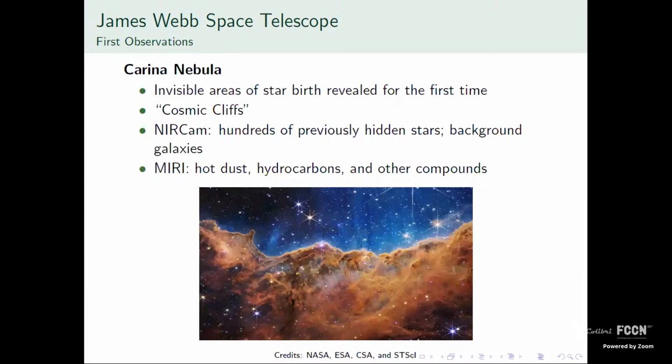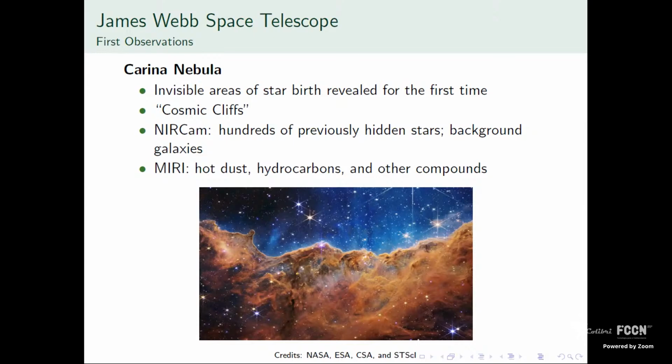So another image was the Carina Nebula. So this nebula is giant clouds of gas and dust where star formation is occurring. And so what is happening here is what is called the cosmic cliffs, and it is ultraviolet light from massive hot young stars that are ionizing the medium.